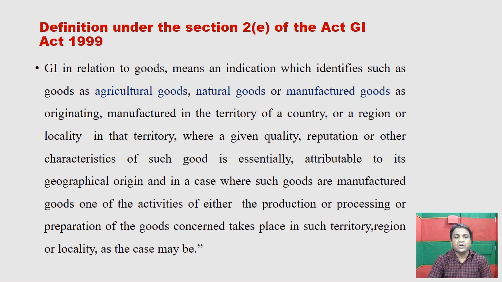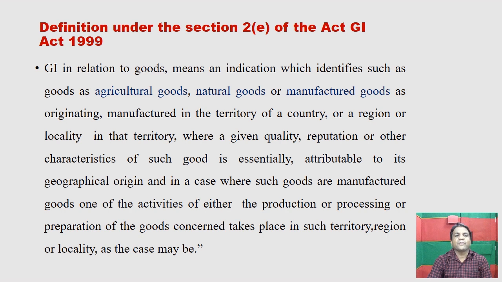They originate in a particular region or a particular country or any locality. So whatever the qualities, reputation, or features of this product or goods are, they are essentially attributable to the geographical origin. This is the definition of geographical indication under Section 2(e) of the Act 1999.